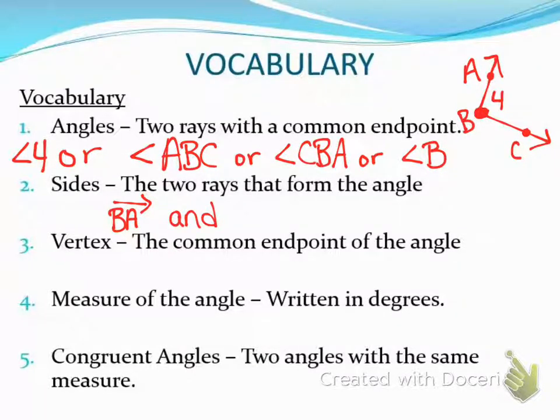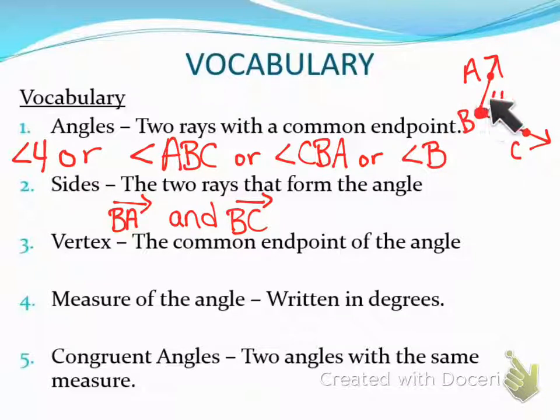We also have ray BC. Again, we start with the endpoint, we go to the other point. So this is how to name.